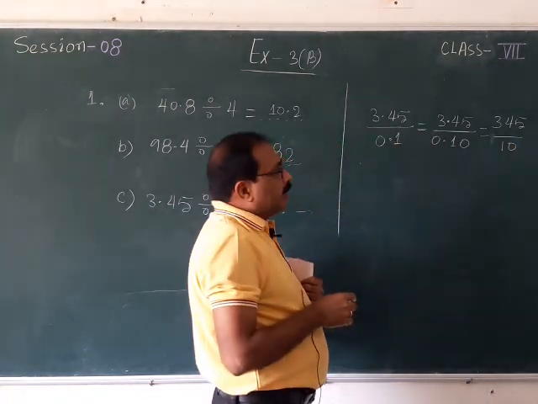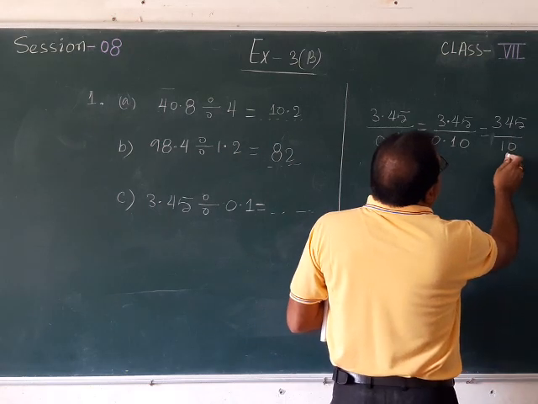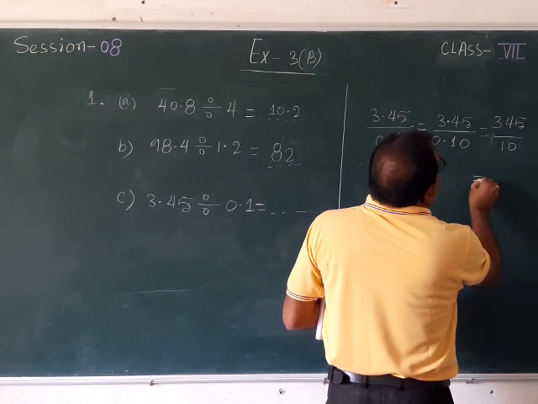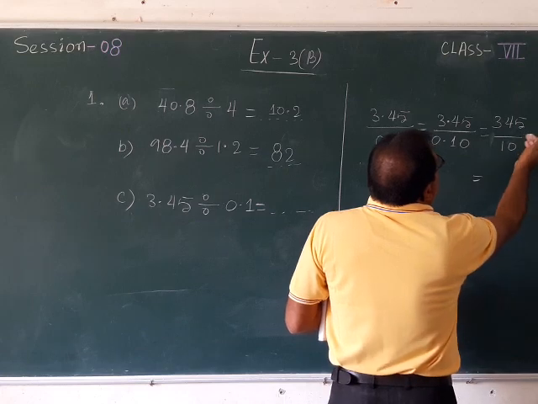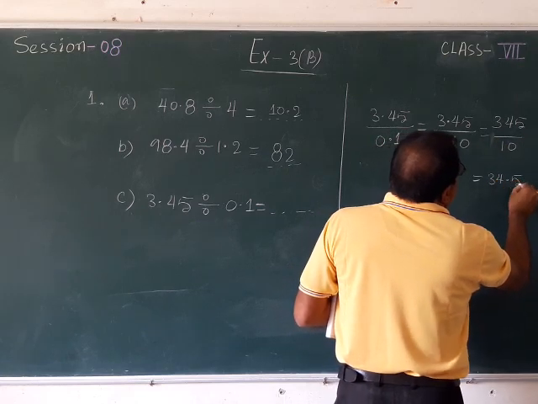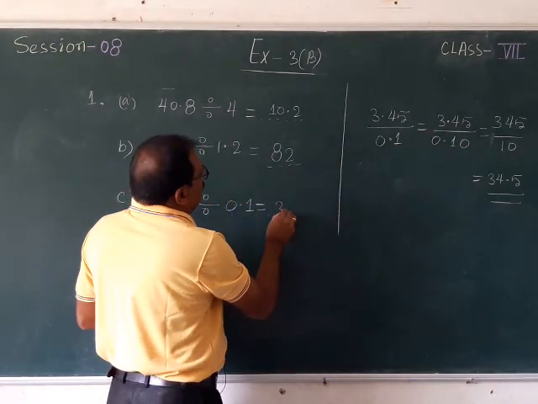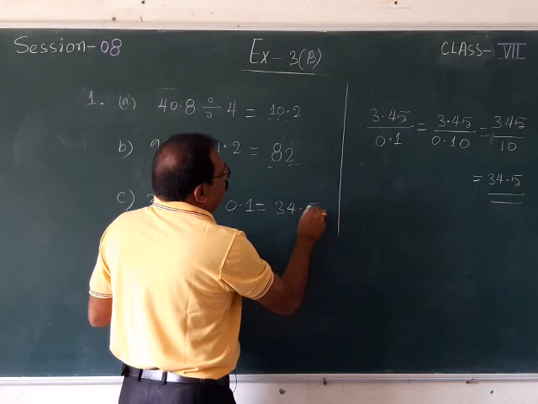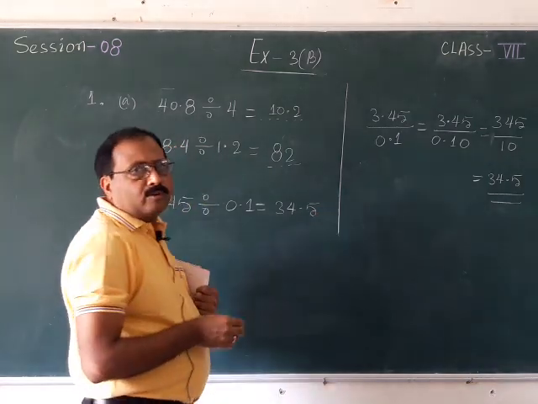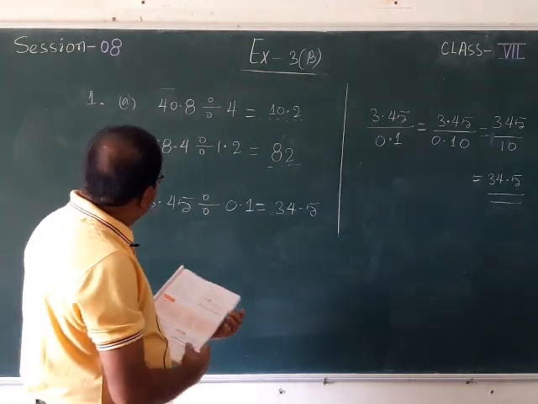You can write this number 345 upon 10. Then what will happen? As you are aware, this time the decimal will be shifted from right to left by only one place. So the answer will be 34.5. You can write the answer here, 34.5, without dividing. No need to divide the number, and you will get your answer in this way.